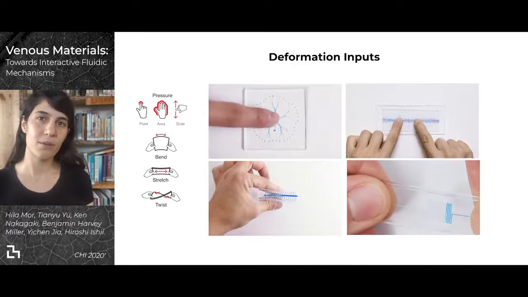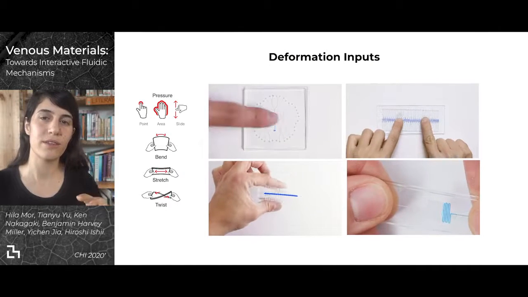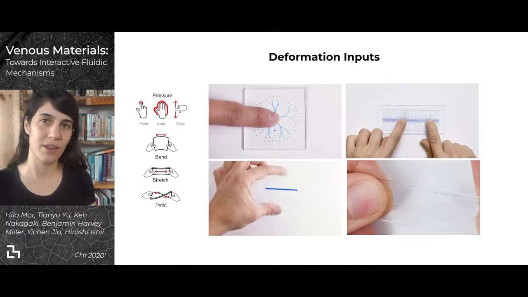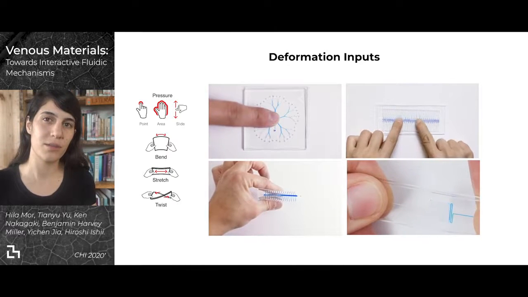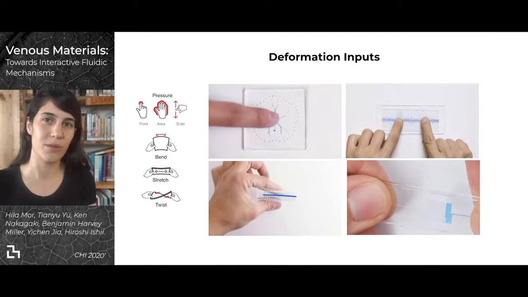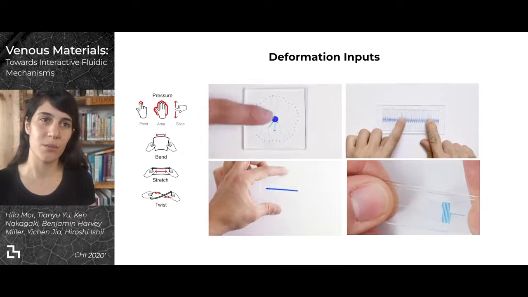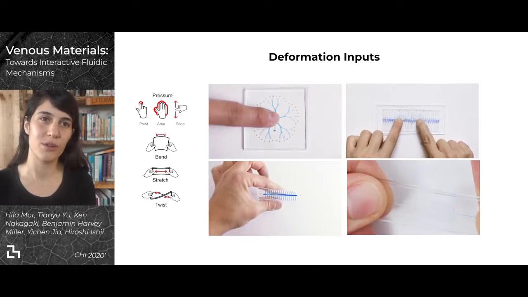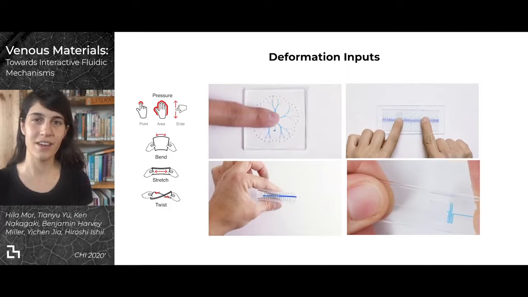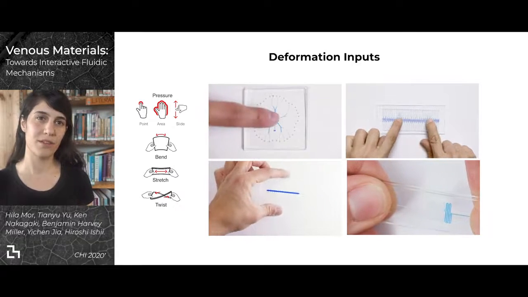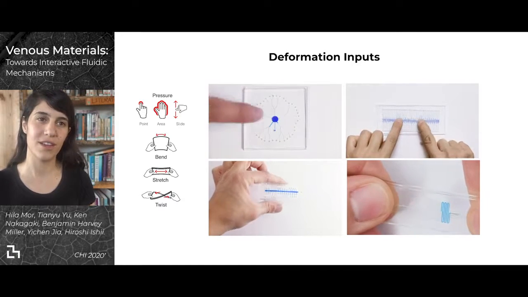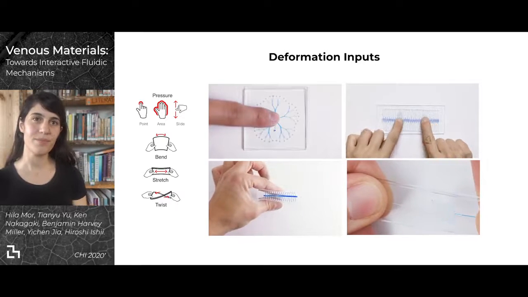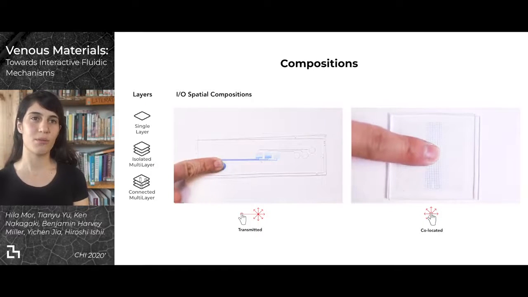Deformation inputs are what drive the flow through the material. Venous materials can respond to various deformation inputs such as pressure, which includes pressure point, area, and a slider, and more complex deformations such as bending, stretching, and twisting. We have two types of compositions.